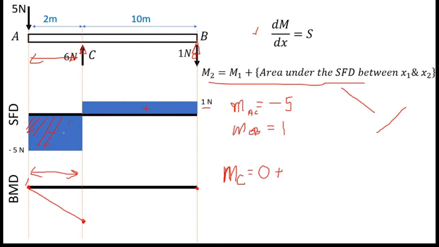We can calculate it. The height is 5 Newton and the length is 2 meters. So I can write -5, because here there is a minus sign, times 2. So it comes to -10. Units are Newton meter. So this value is -10.